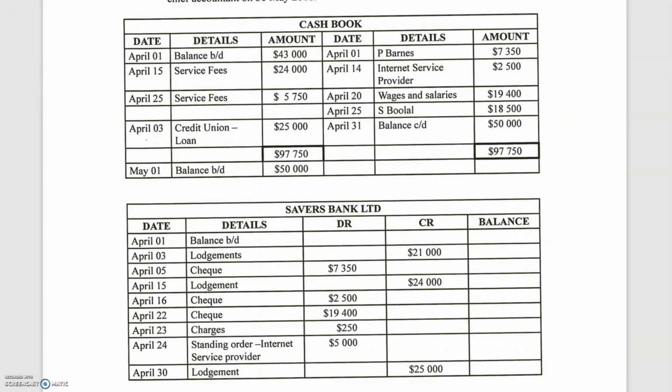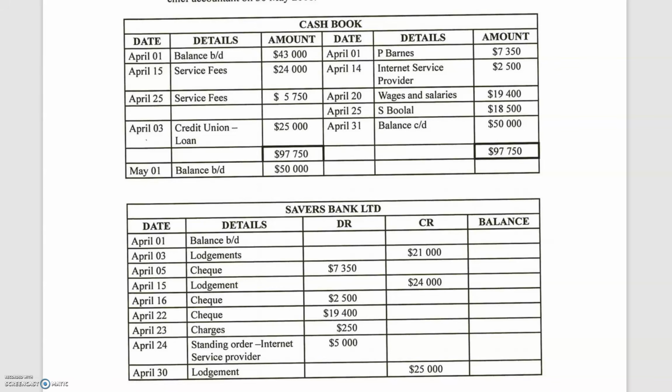We tick off the entries that are the same, and when I say same, I mean entries that appear in both the cash book and the bank statement, and we circle entries that do not appear in both documents.